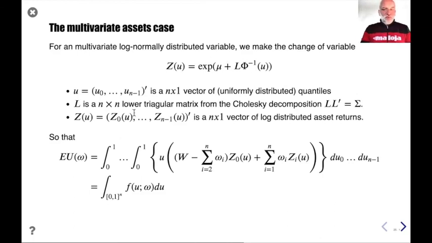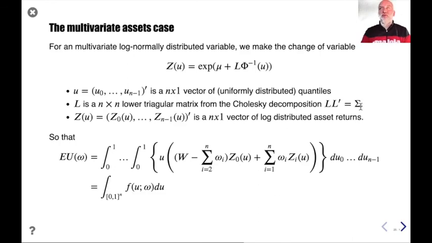Anyway, let's move on. So now, after this transform, these assets are potentially correlated with the variance implied by the variance covariance matrix that we specified earlier.